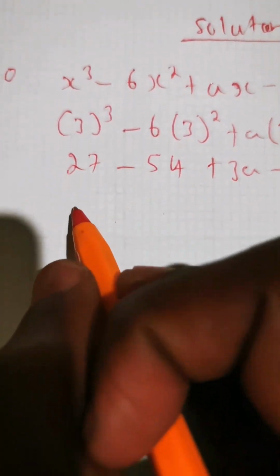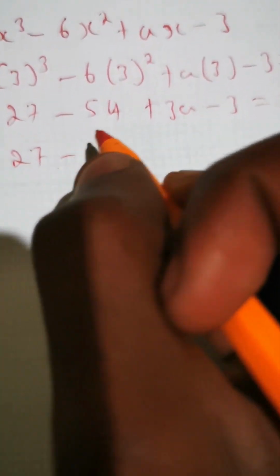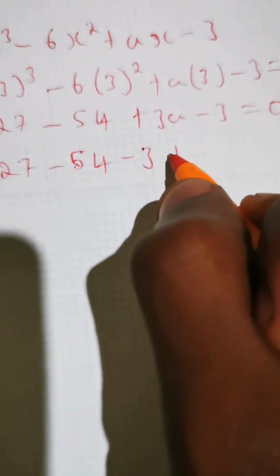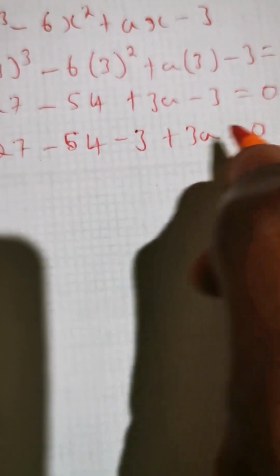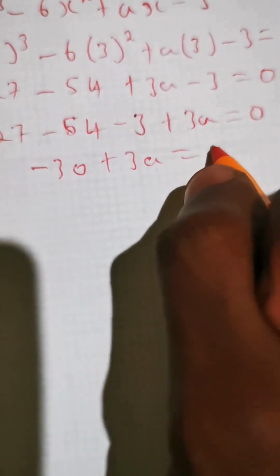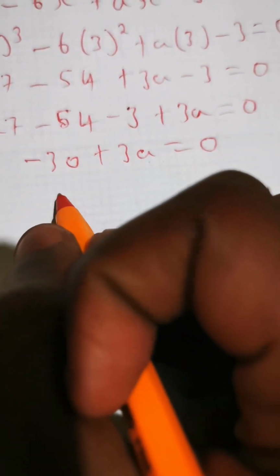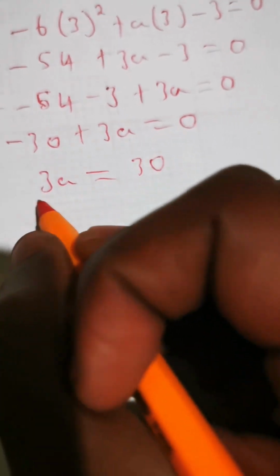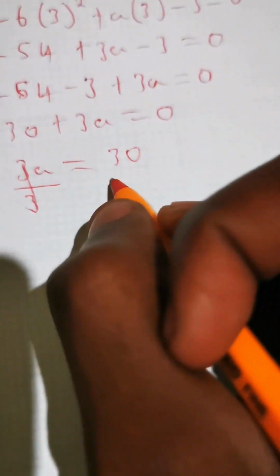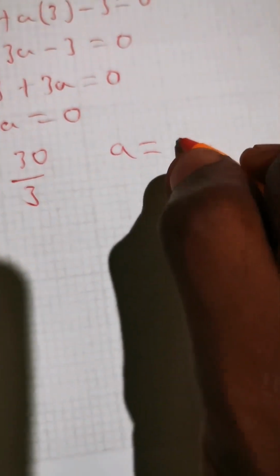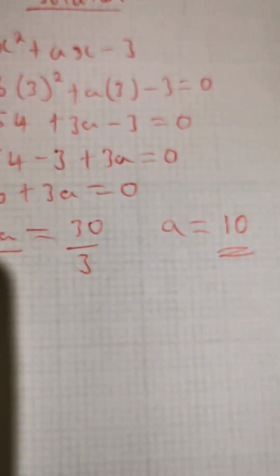Collecting like terms together, 27 minus 54 minus 3 plus 3a is equal to 0. Subtracting gives negative 30 plus 3a is equal to 0. Then 30 goes to the other side as positive, so 30 over 3, and we get a as 10. So the value of a is 10.